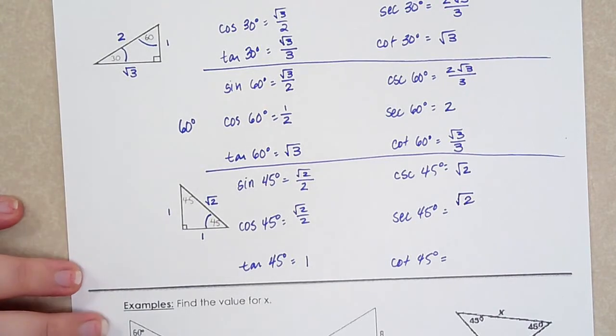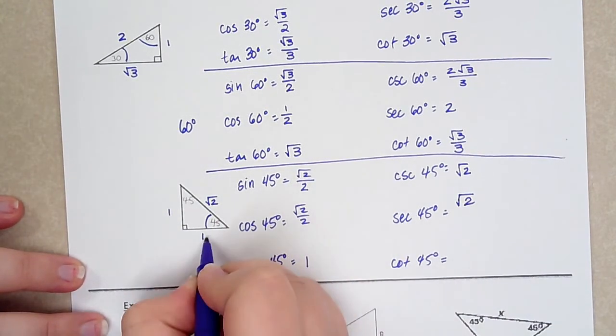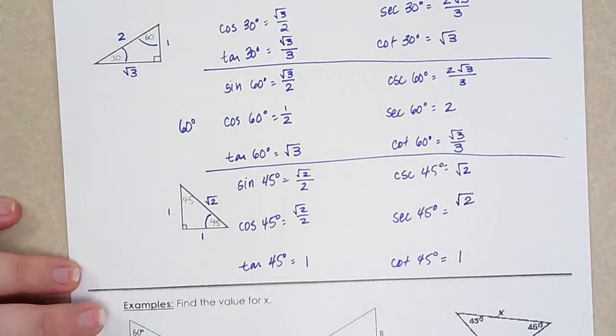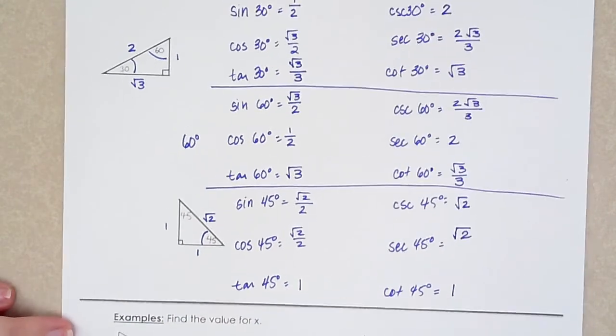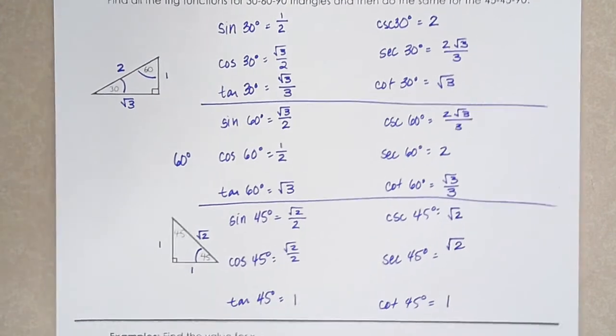I drew that a little high, sorry about that. And cotangent of 45 is just your adjacent over your opposite. That's just 1 again. So however you need to remember these ratios is going to come in handy. And like I said, there's some great tips out there to use them. But before we get into that, let's just keep going. Let's use some examples and see what we can do here.